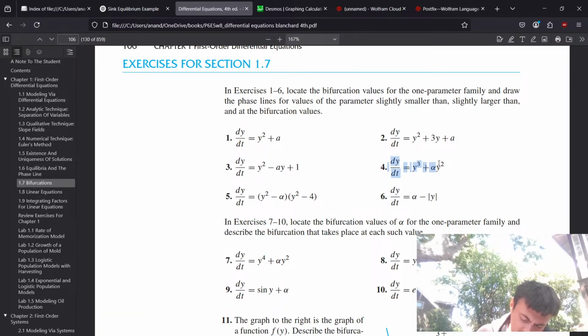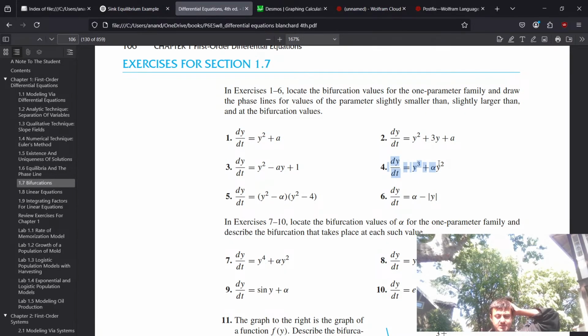Subtract, so then we get 2ay is equal to minus 3y squared. We divide by y, we get 2a is equal to minus 3y. So actually we want to solve for y. So y is equal to minus 2/3 a.